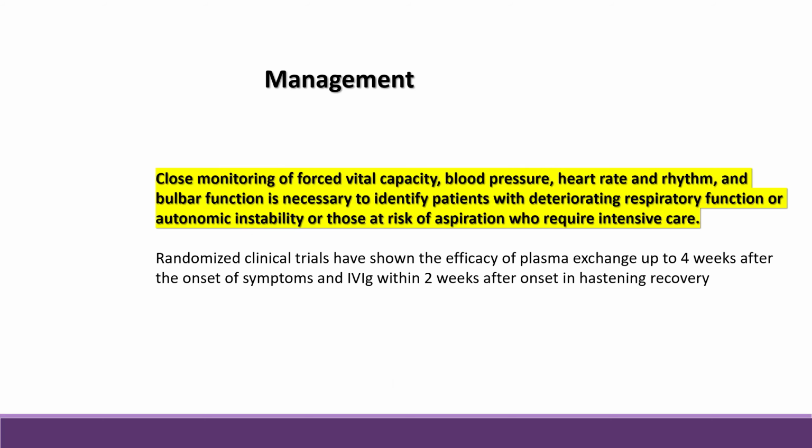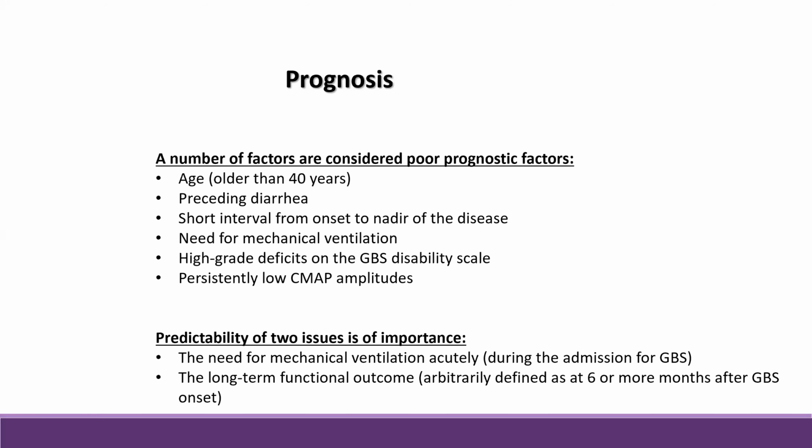Close monitoring of the forced vital capacity, blood pressure, heart rate and rhythm, and bulbar function is necessary to identify patients with deteriorating respiratory function or autonomic instability, or those at risk of aspiration who require intensive care. So what's the prognosis?